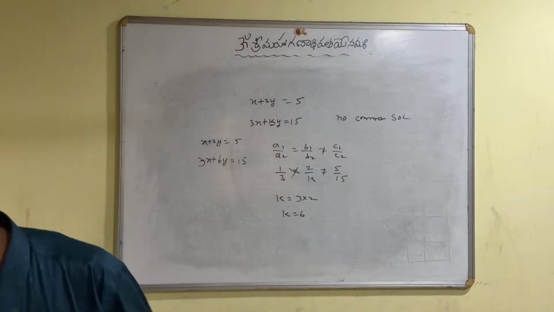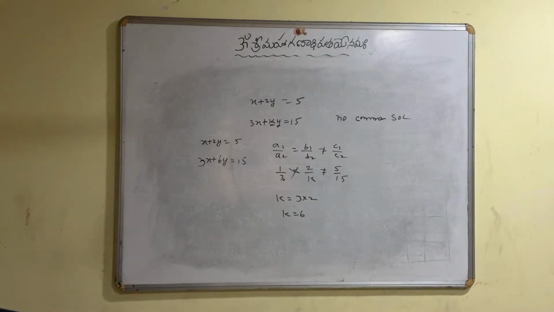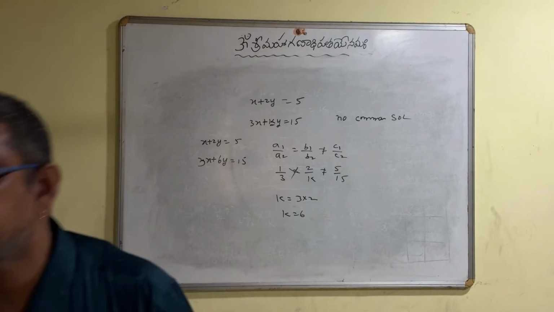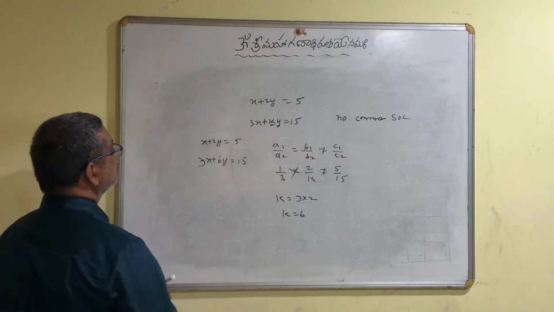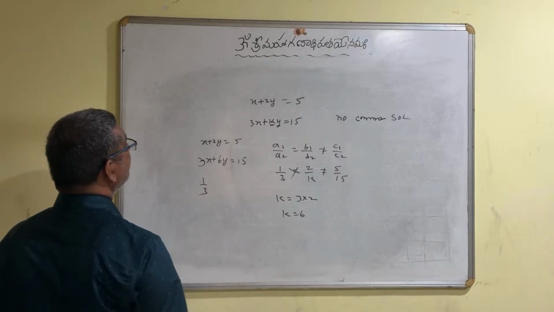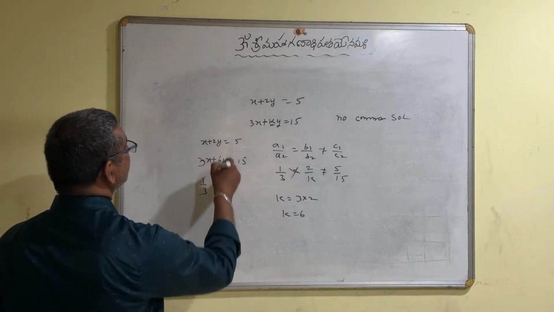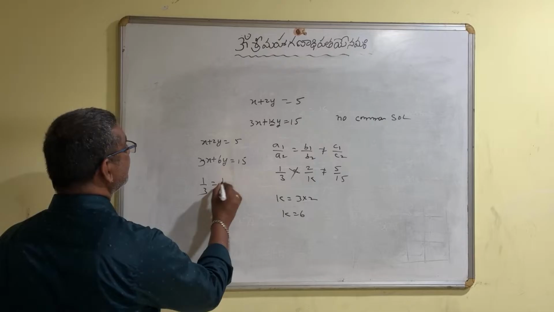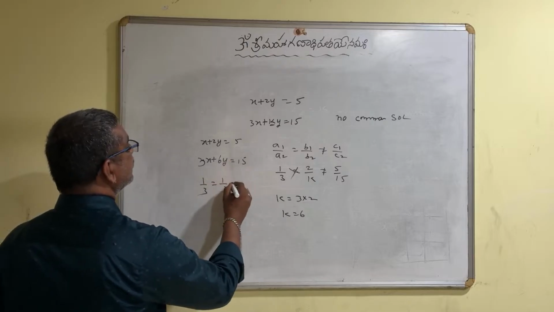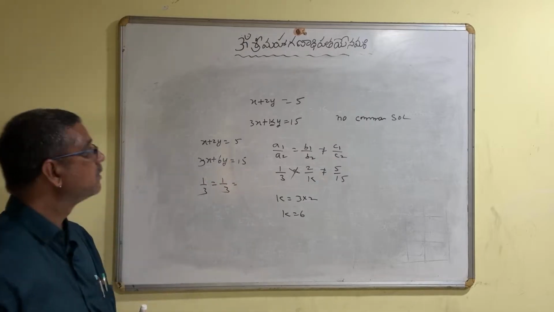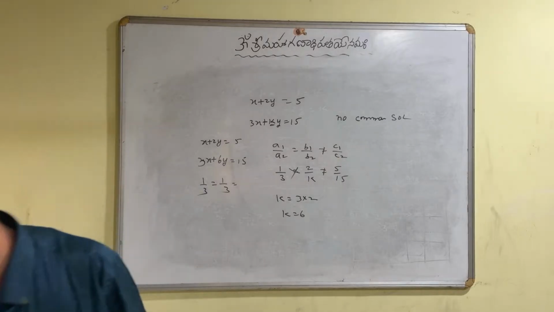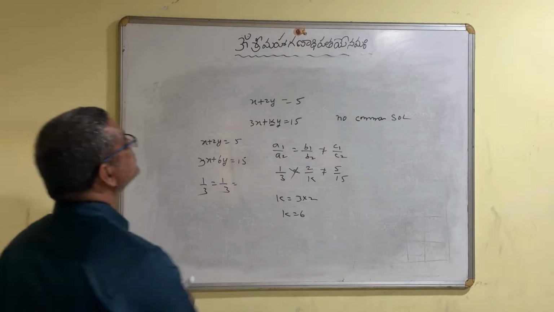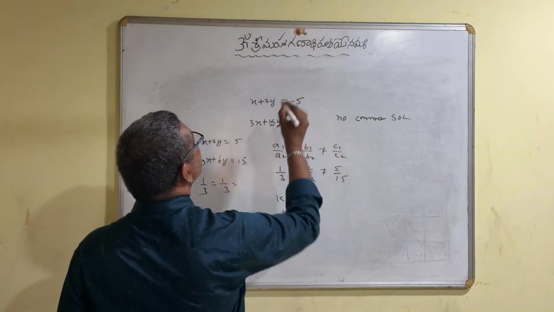Now this is 1 by 3, and this one is also 1 by 3. I think this is minus 5.